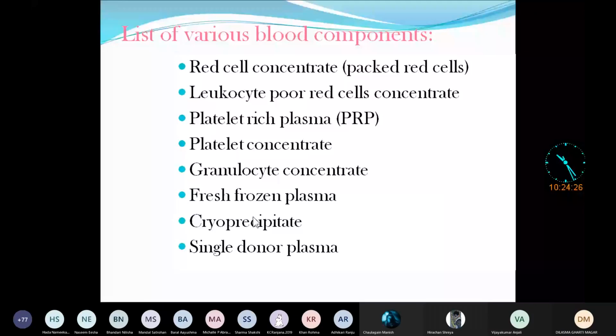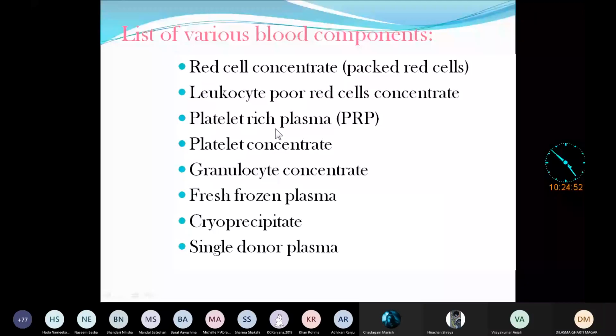So red cell concentrate means that the RBCs are concentrated. Leukocyte poor red cell concentrate is also red cell concentrate, somewhat like packed red cell, but it will not have the leukocytes. And platelet rich plasma. Usually whenever you come to the clinical side, you'll always ask for this platelet rich plasma. This name you have to know, and the red cell concentrate or packed red cell also you have to know.